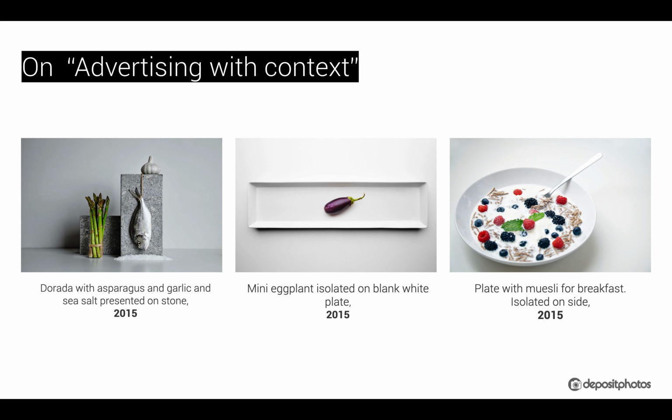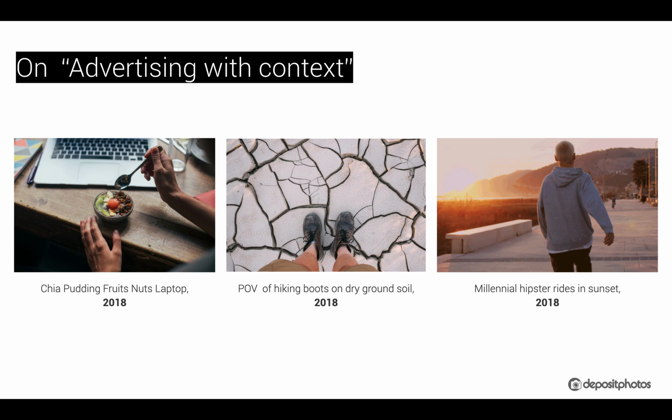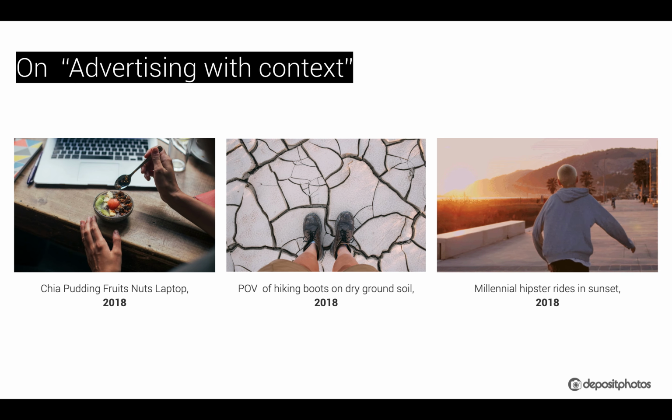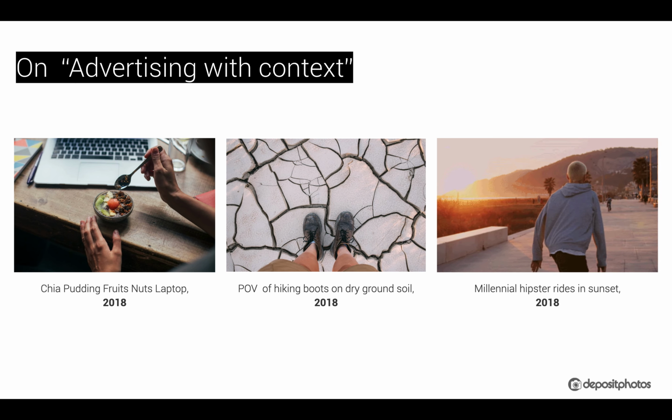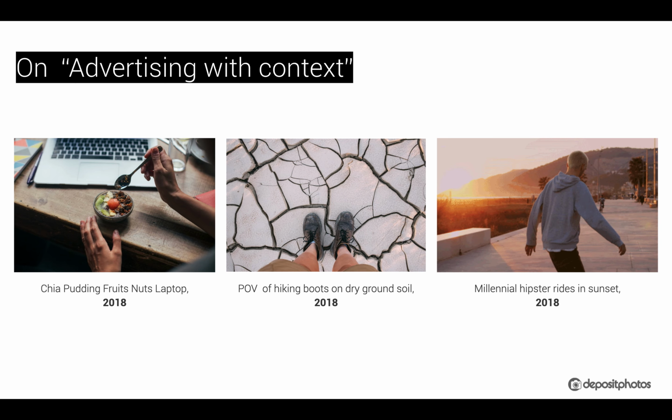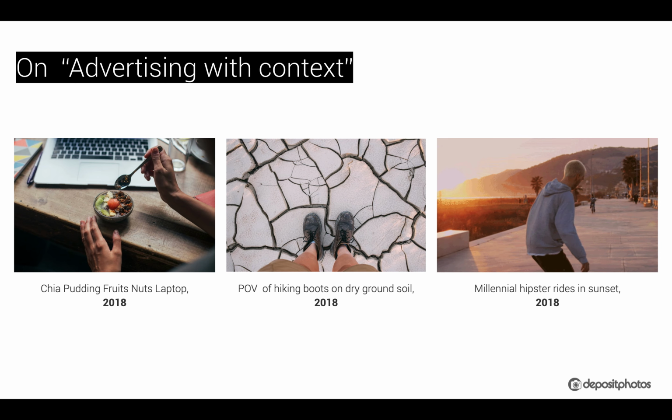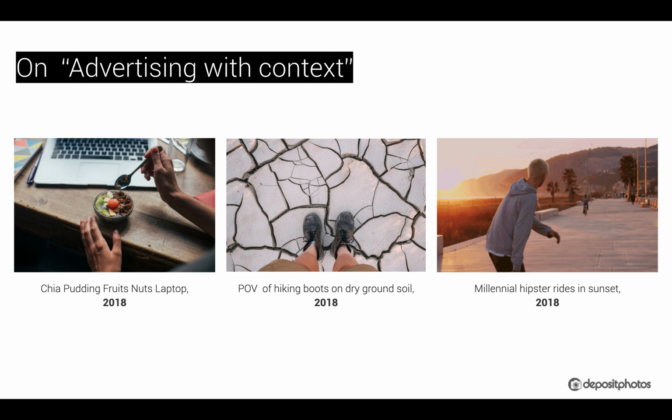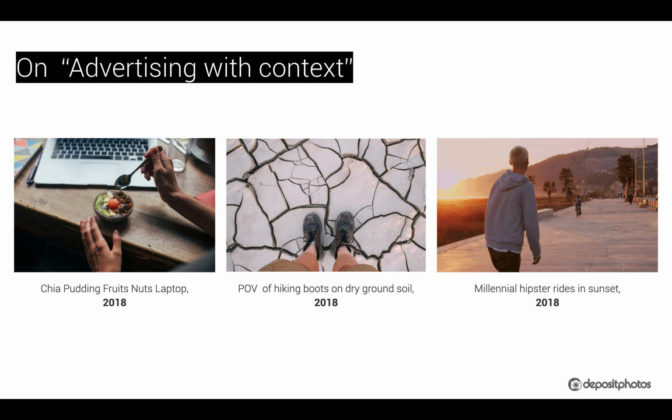Advertising without context was defining for stock photography and advertising in general. But if you look at this last image of the breakfast and compare it to his portfolio today, this image of the same plate but in context, it's much better to include the environment to show the mood of the place and to give some context.